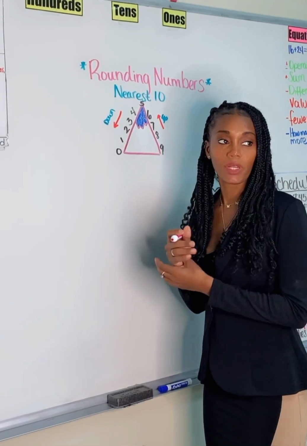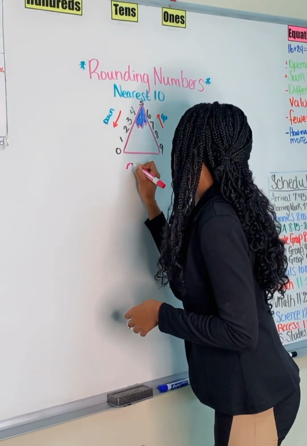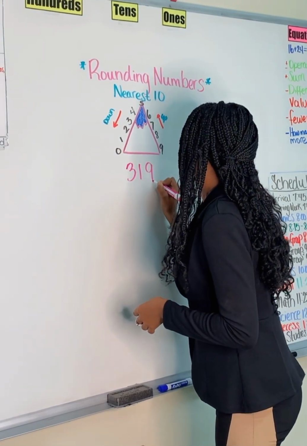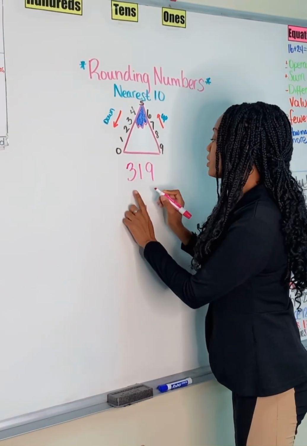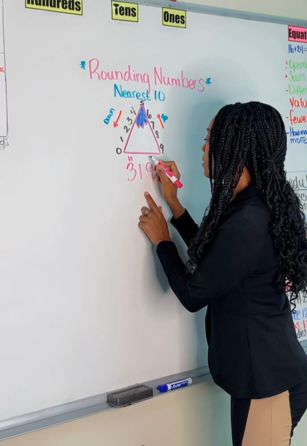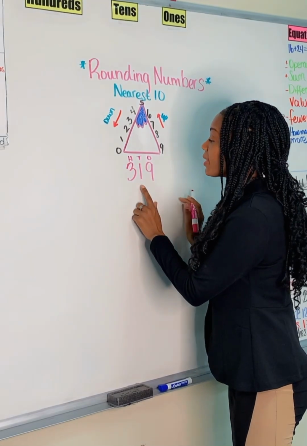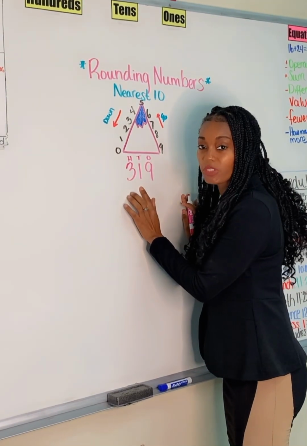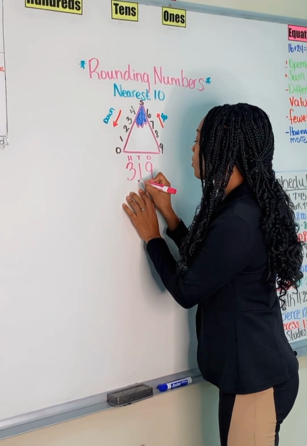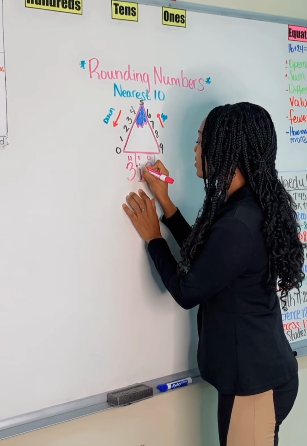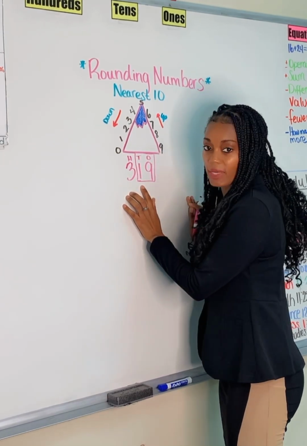So say I had the number 319. I am going to look at my hundreds place, my tens place, my ones place. But again, because I'm only rounding to the nearest 10, I am only concerned with these two numbers right here.